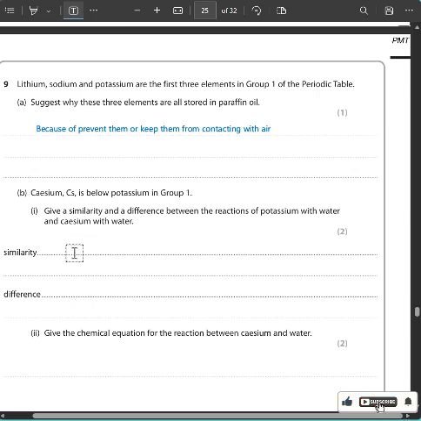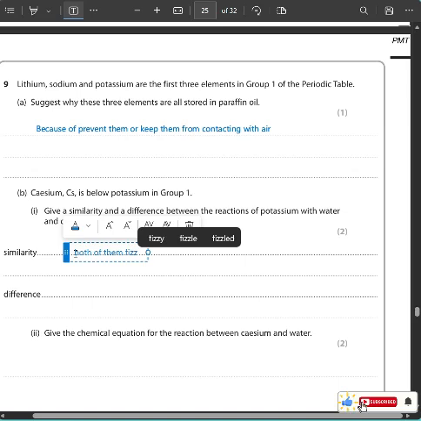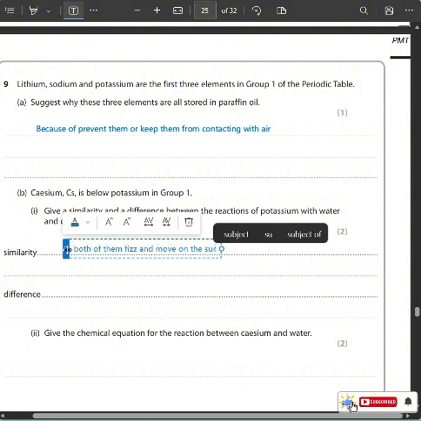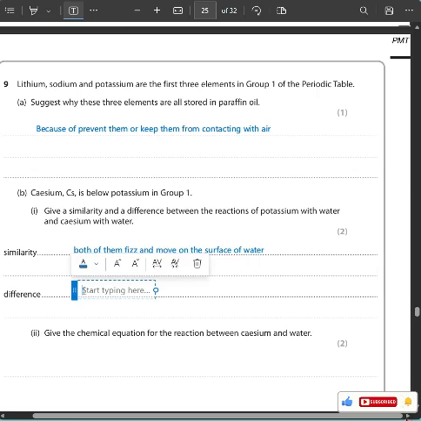The similarity is both of them fizz and move on the surface of water, and the difference is cesium reacts faster.